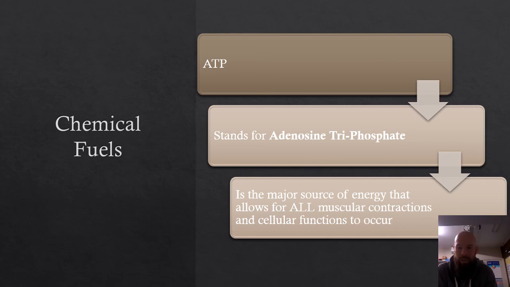This is what's used for all muscular contractions. It doesn't matter whether it's using the aerobic energy system or the anaerobic glycolysis system, they're all producing ATP. They just produce it at different rates.